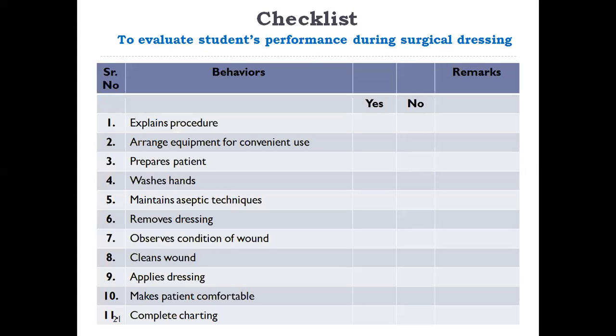So here, what one does in the checklist is just tick yes or no. So the level of performance of the student is not checked over here. Whether the student has done it or not, that is all that is checked using a checklist.